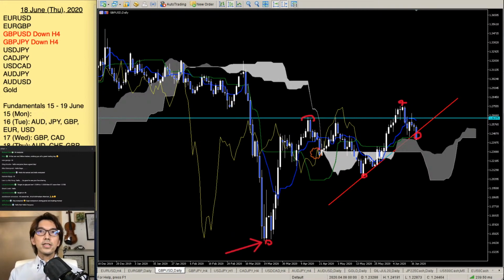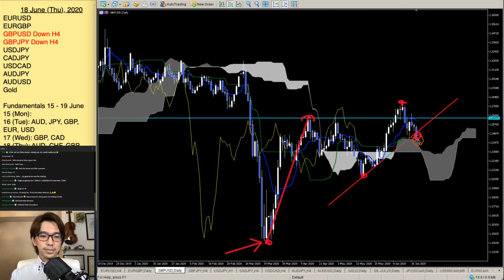So this is the uptrend. If you want to connect these dots, you identify the swing highs and swing lows, and I would find this low to this low, and also this one to the next one, and currently the price is here.